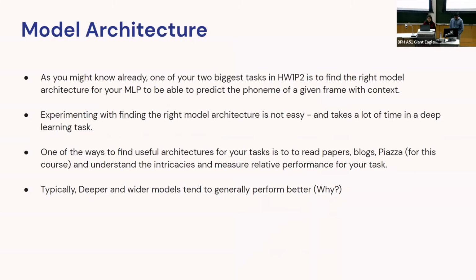So how do you get the right model architecture? Some useful techniques to know what architecture works best would be to read papers, blogs, and Piazza. The medium architecture cutoffs, etc. would be published on Piazza, and through that we give certain insights on how architectures will work.